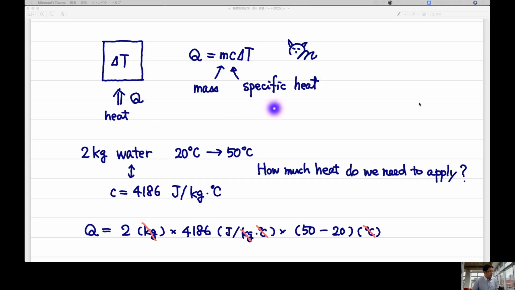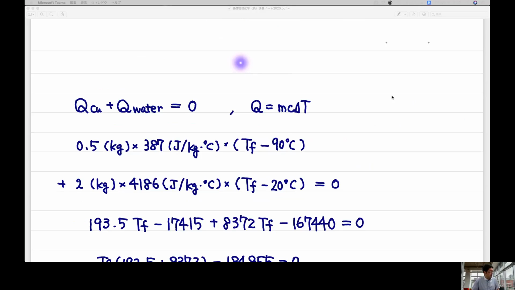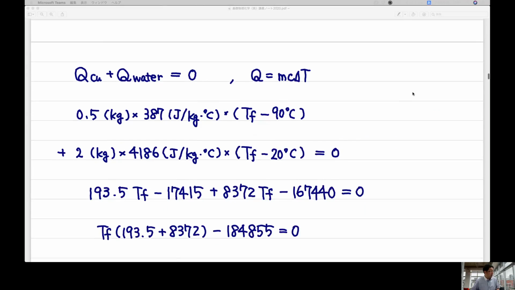Specific heat C is 387, and delta T can be defined as TF minus 90 degrees C. Plus, how about Q water? 2 kilogram of water times 4146, this is the specific heat, times TF minus 20 degrees C equals 0.